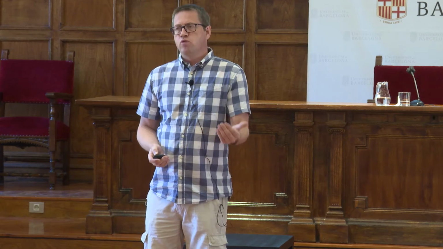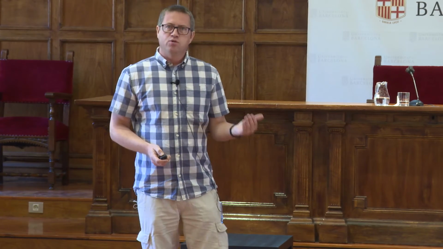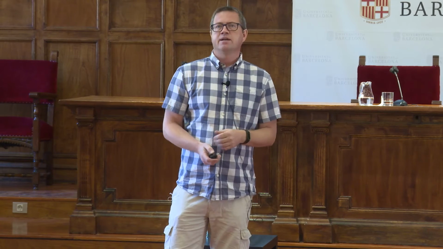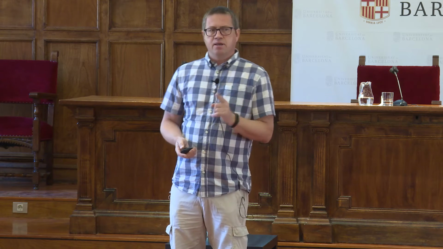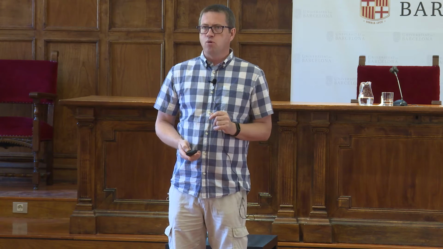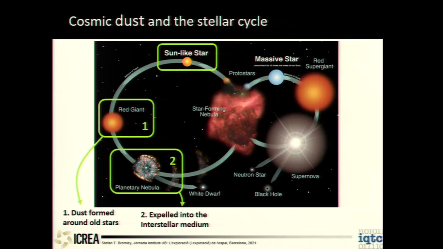But when that fuel runs out, it starts to then fuse other materials. And then exactly as we see here, it starts to cool down and starts to expand. And this is exactly the time in which dust is formed. So dust is being formed in the outer layers of the star as it cools down, as it starts to fuse new material. So helium, and we'll see in a second what else it produces.